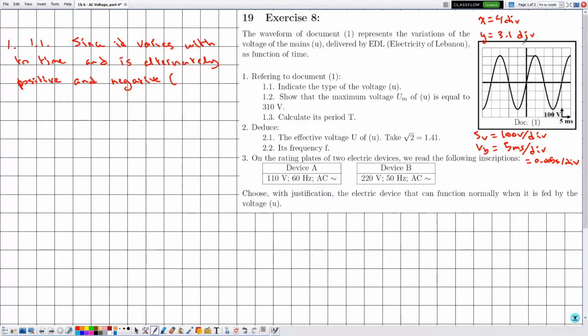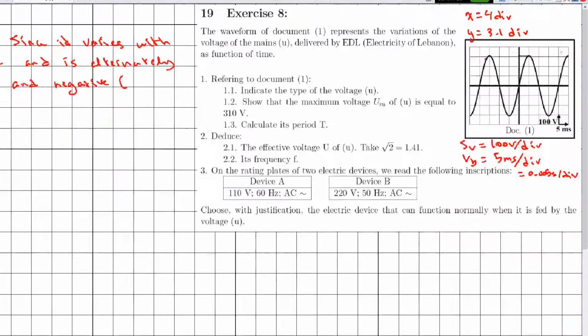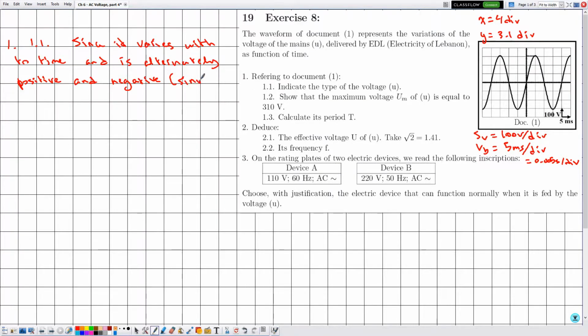And between brackets, let's write the shape. So this shape is sinusoidal, which means the type of the voltage is AC sinusoidal voltage.